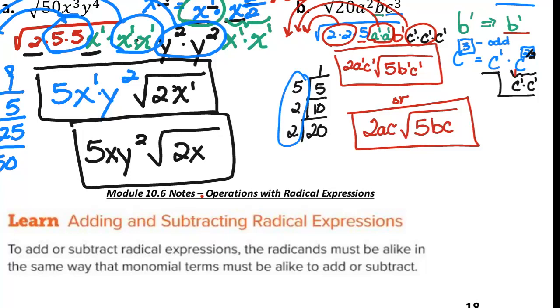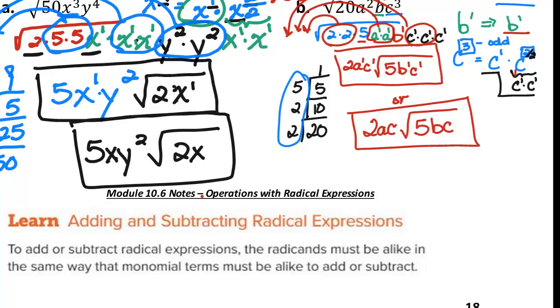Now this is even. Anytime you have an even exponent and you're trying to find the square root, divide this by 2. So this is going to break down into 6 divided by 2 is 3. And so I have 2 of these that are 3. X to the 3rd times x to the 3rd.